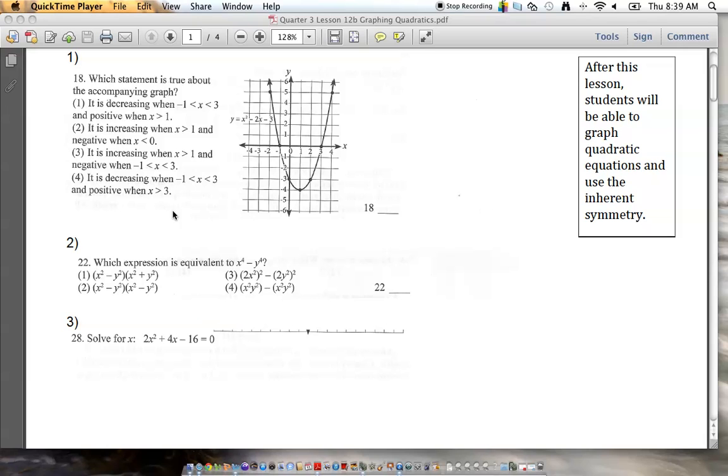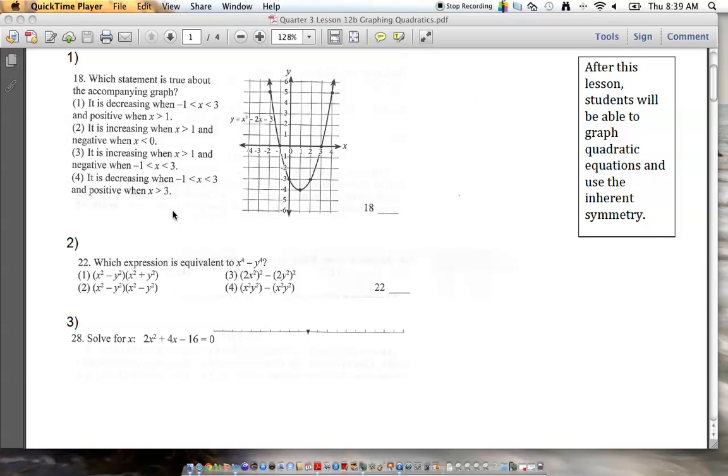Which statement is true about the accompanying graph? It's decreasing when x is between -1 and 3. It is increasing when x is greater than 1 and negative when x is less than 0. It is increasing when x is greater than 1 and negative when x is between -1 and 3. It is decreasing when x is between -1 and 3 and positive when x is greater than 3.